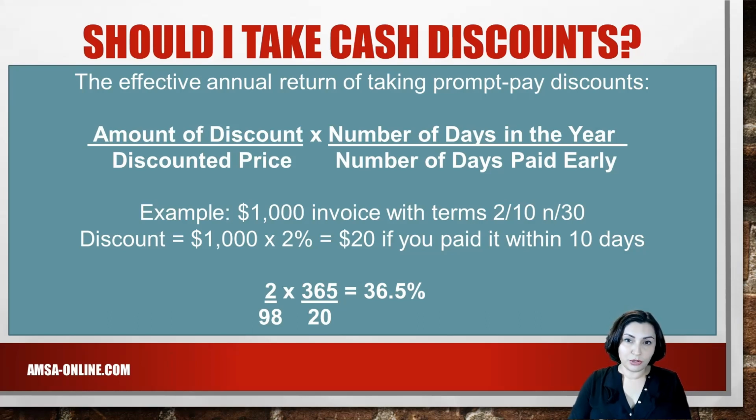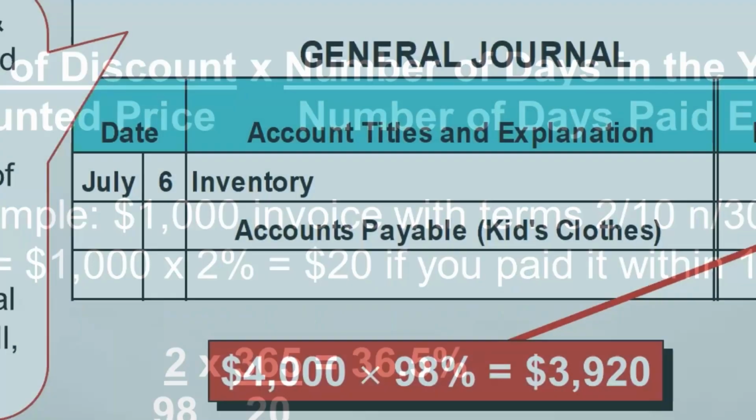According to this formula, taking the 2/10 net 30 discount is the equivalent of an effective annual return of more than 36%. So the answer is yes, you should take the discount unless you can use the funds to get a better return. Sometimes it makes sense to borrow money to take advantage of the early payment discount.